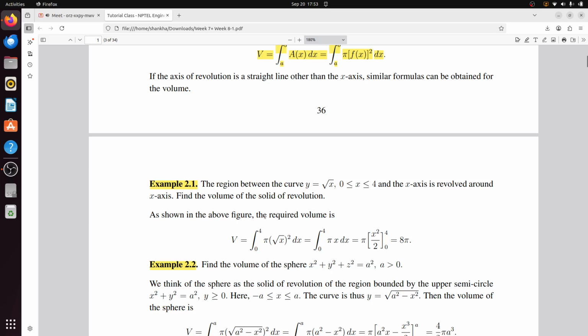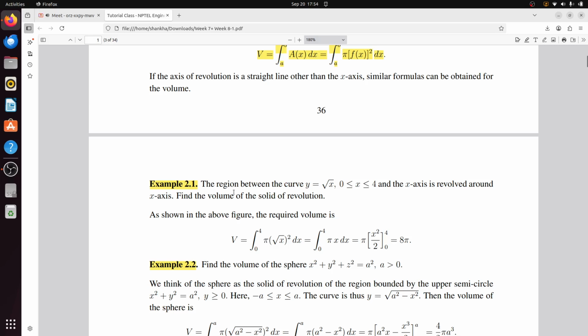As shown in the above figure, the required volume will therefore be V equal to integration 0 to 4 of pi times square root of x whole square dx, or 0 to 4 pi x dx, or pi x square by 2 from 0 to 4, which is 8 pi. Therefore the volume of the solid of revolution will be pi y square dx.